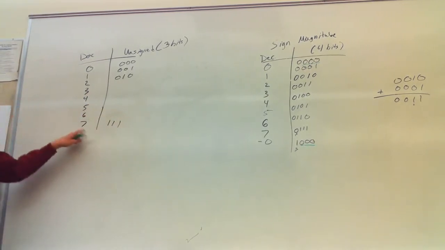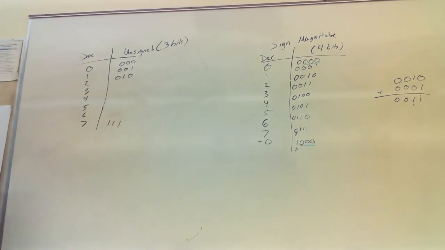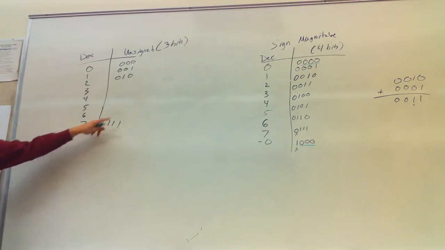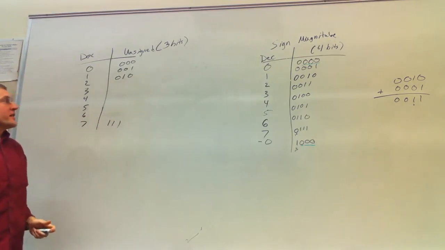So 7 in 3 bits, unsigned: 7 is the highest we can represent in an unsigned 3-bit binary number, right?